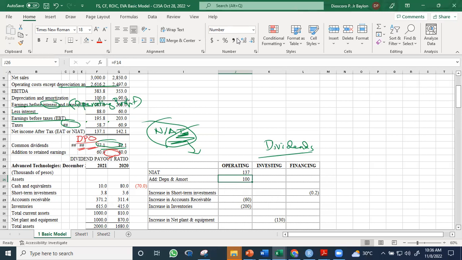So any value before the net income after tax line has already been accounted for. And then we even adjusted it by adding depreciation and amortization. What about those items after net income after tax? Is there any activity there that involves cash that has not been incorporated in the template?